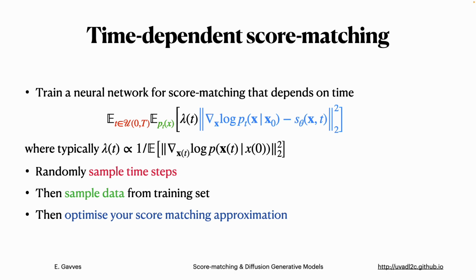We have to have a weighting factor here, which tells you how important your time is. Some time locations will be better or worse than others. We sample from our training set and optimize our score matching approximation.